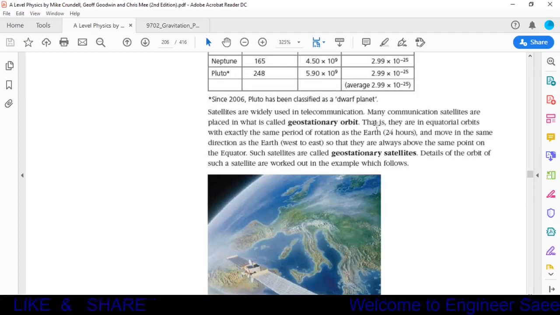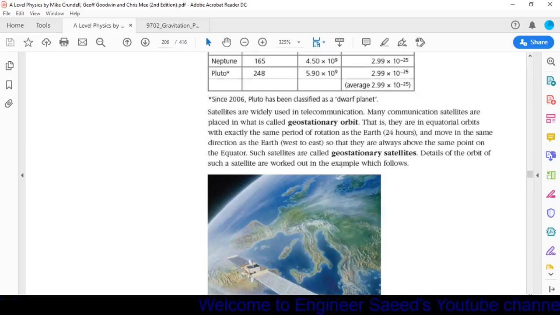The first condition is that they should be in equatorial orbit with exactly the same period of rotation as the Earth, 24 hours. This means the satellite at geostationary orbit will have a time period equal to the time period of Earth, 24 hours.